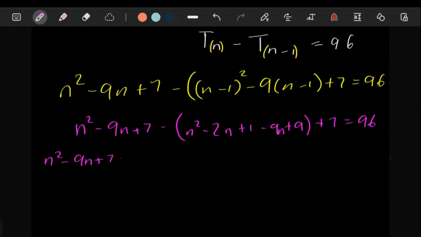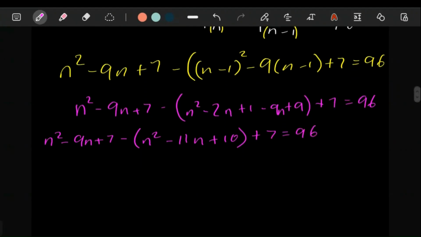And then here minus, let's see. So what do we have here? Yeah, this is quite interesting. Let's not do any funny business. Here, negative 2 minus 9. Negative 2 minus 9 is like negative 11. And then 1 plus 9 is like 10. So that's like plus 7 equal to 96.